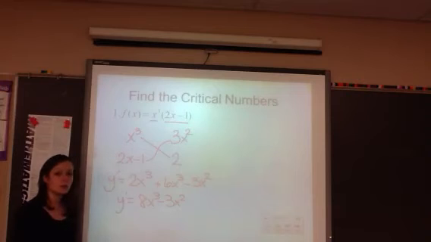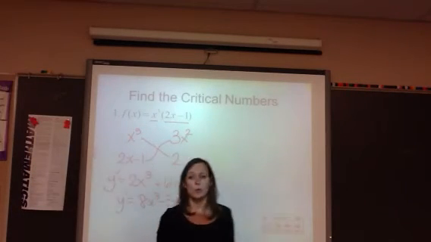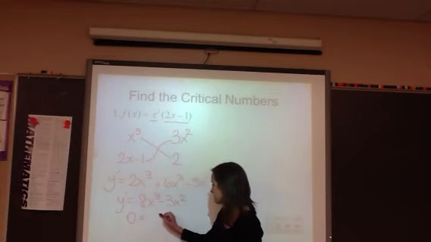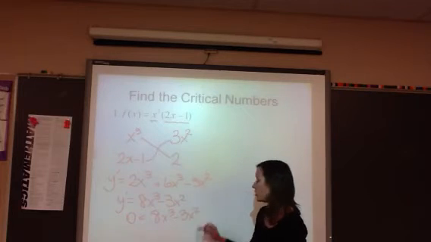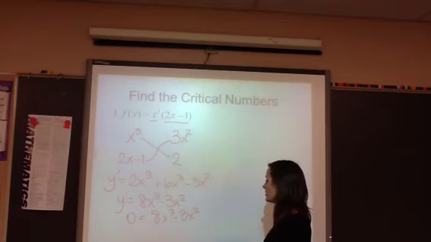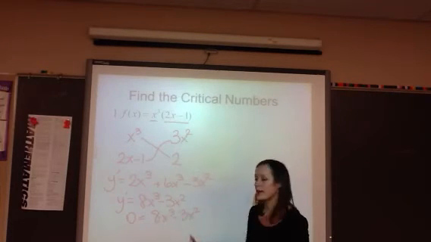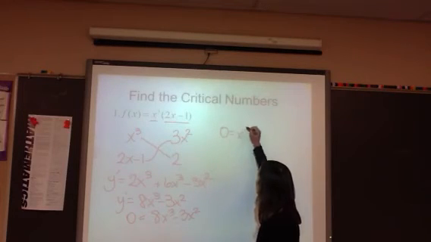So if this is our derivative, and we want to know where the critical numbers are, we're going to set that equal to 0. And we are going to find out what x value makes that 0. So here's where factoring comes into play. Since you have two terms that both have x squared in common, I'm going to pull out an x squared.